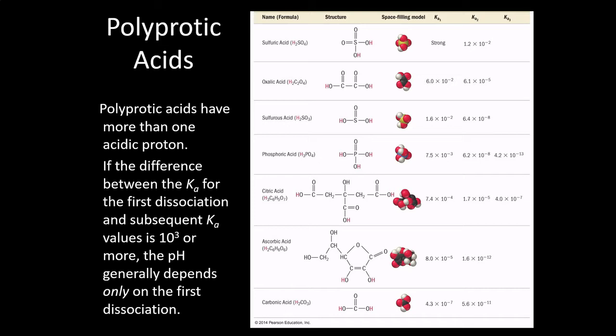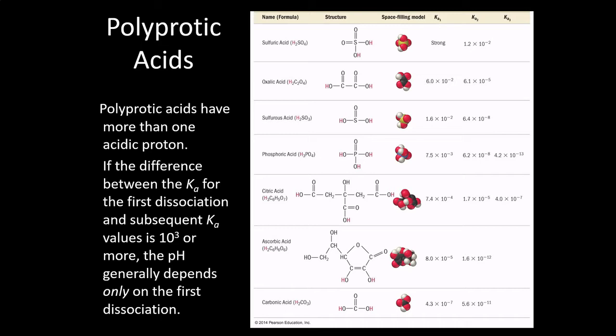But a similar situation is if you have what we call a polyprotic acid. Polyprotic acids are any acid that has more than one acidic hydrogen. So if you have more than one hydrogen that is able to pop off of the molecule to form H+, then each of those individual hydrogens is going to have their own Ka value.